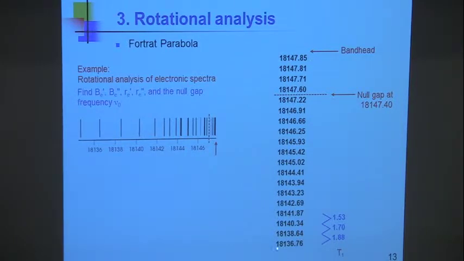So you go way out here, and you use what's called the principle of constant second differences. We know that the spacing of the lines is 2B. So you go way out here, and you look at, say, two lines, and take the difference, 1.88. Do it again, 1.7. Do it again, 1.53. Now, what does that mean? Those are the differences in those frequencies. If you'll notice, if you take the second difference, you get the same number.